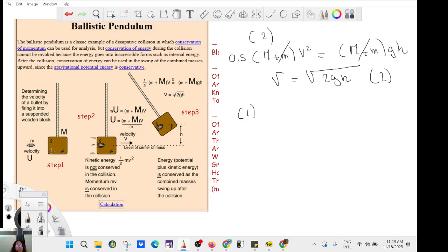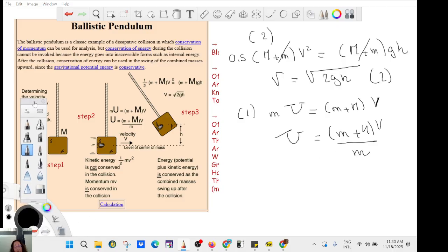And then you have conservation of momentum between here and there. Momentum before is mu equals momentum after, which is the total mass, since it's stick, heat and stick, times v. So you have two equations with two unknowns, and you can isolate the speed u. So u equals (m plus M) v over m.